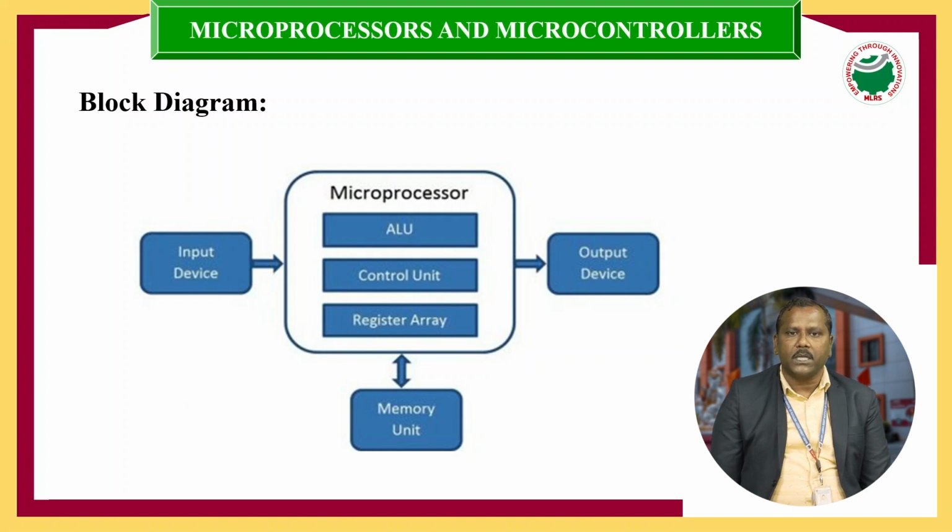Whereas in microcontroller, CPU, input devices, output devices, memory, all are connected internally and fabricated on a single chip. That is called microcontroller. That is the difference between microprocessor and microcontroller.